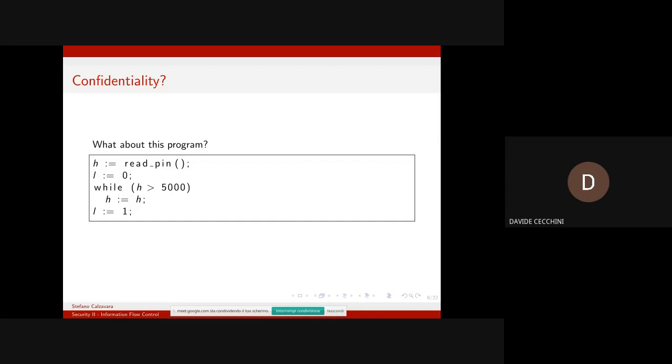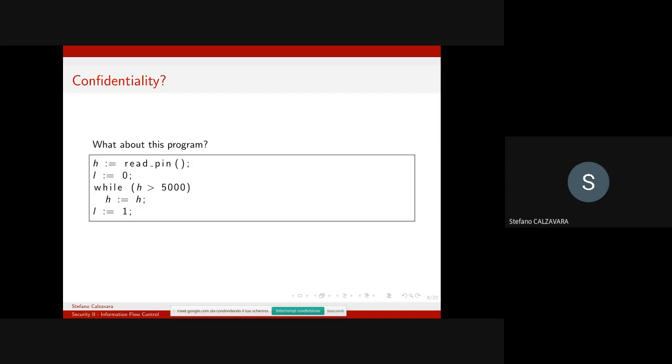Secure. Why secure? There is no interaction between h and l. I will be more careful here, because let's assume I write down my pin, and my pin is 1000. What happens in the end?